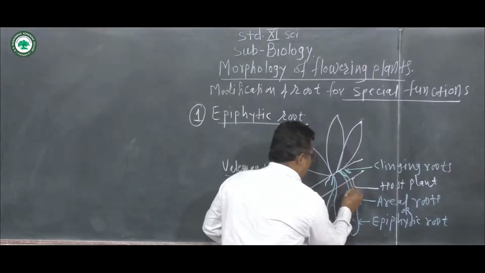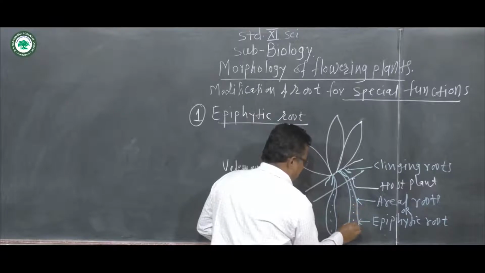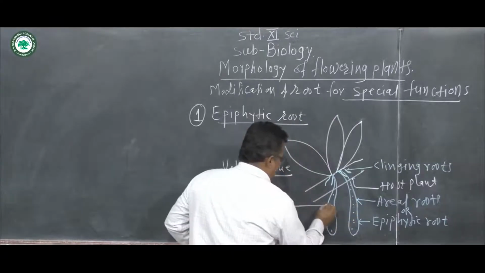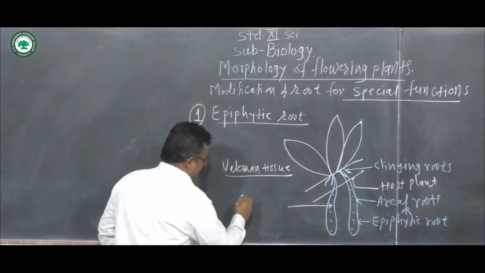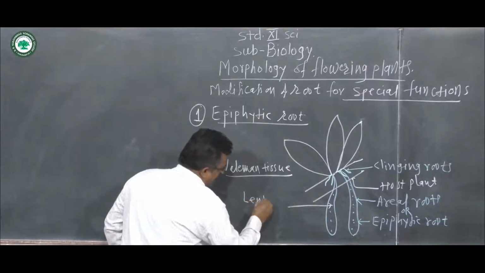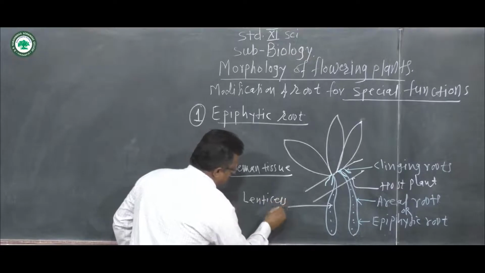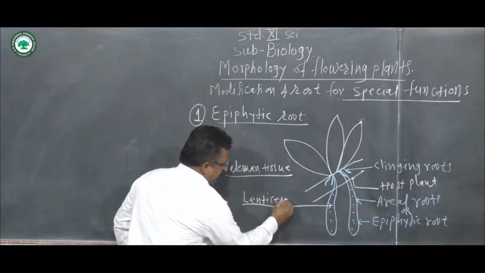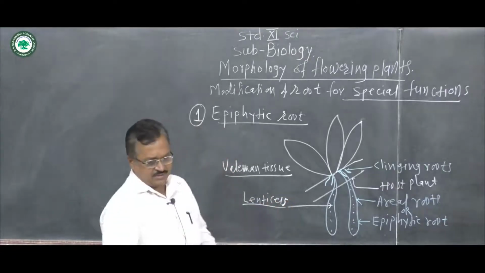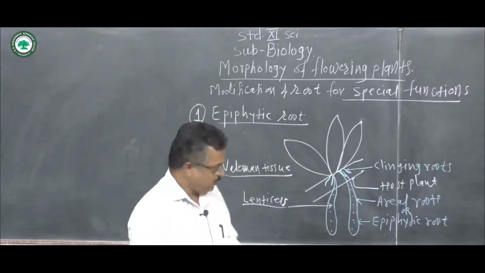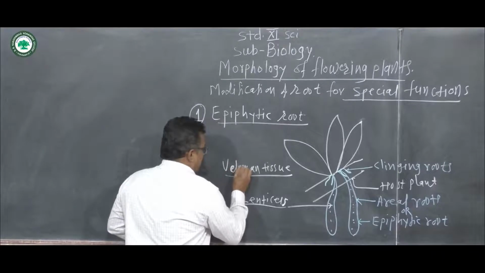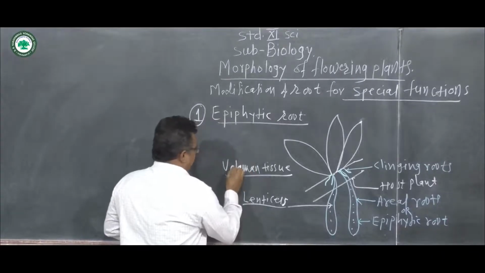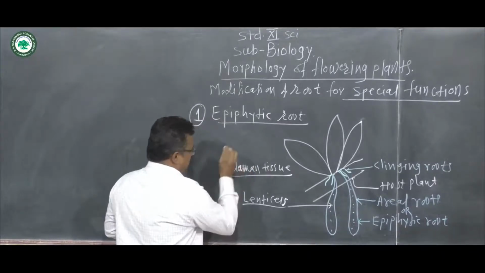Then on the surface of these roots, pores are present called lenticels. With the help of these lenticels, they absorb the moisture.